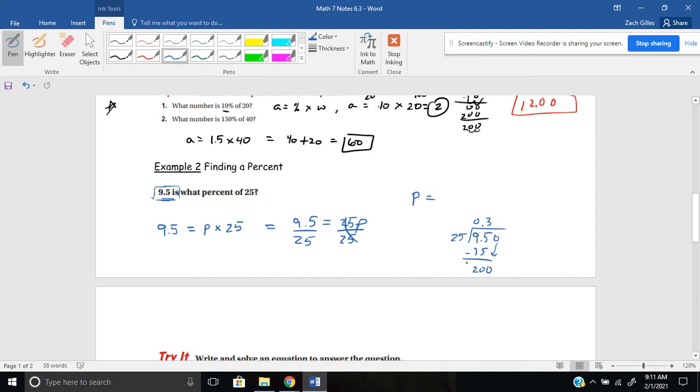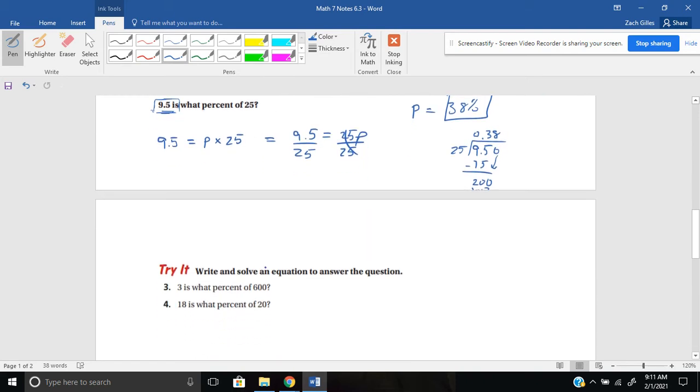I know 25 goes into 100 4 times, so it goes into 200 8 times. So 0.38 would give me 38% for my answer. Go ahead and try to find a percent for 3 and 4 here on your own.